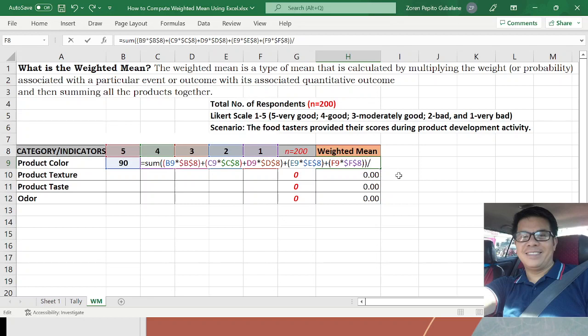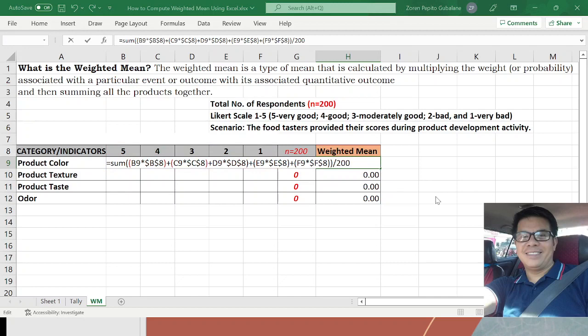Then you are going to divide the entire formula by the constant 200, which refers to the total number of respondents who participated in the survey. So you have your 200 as a constant number in the formula.